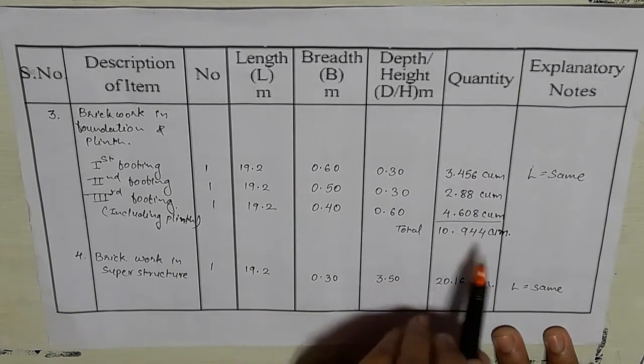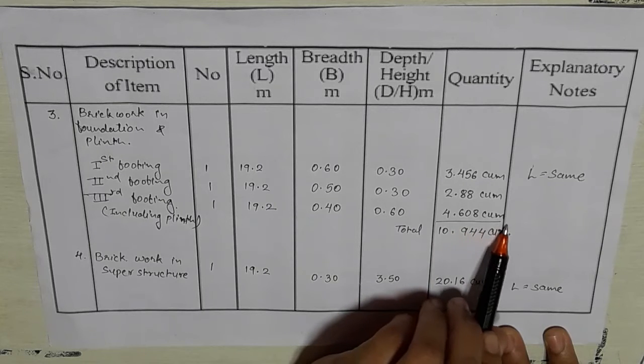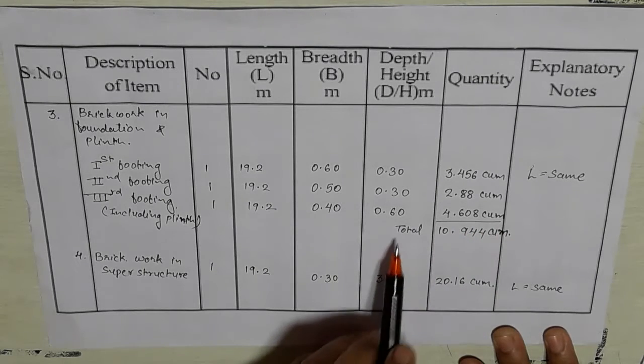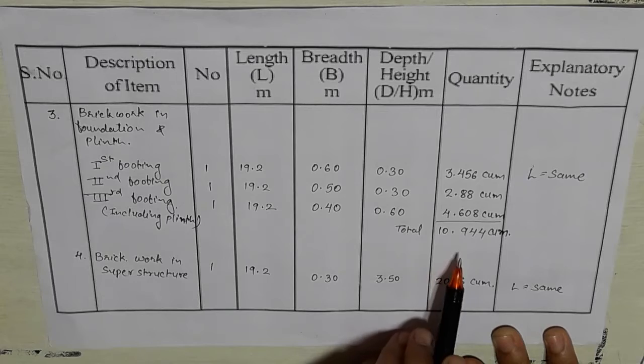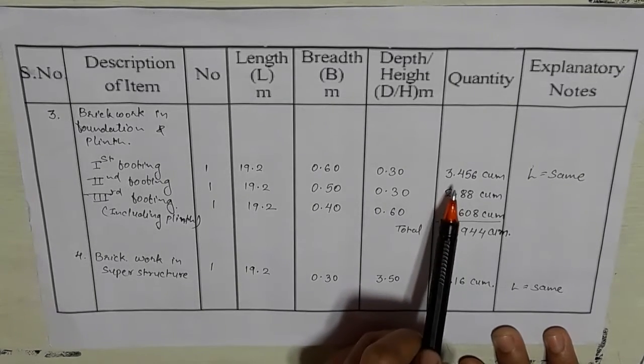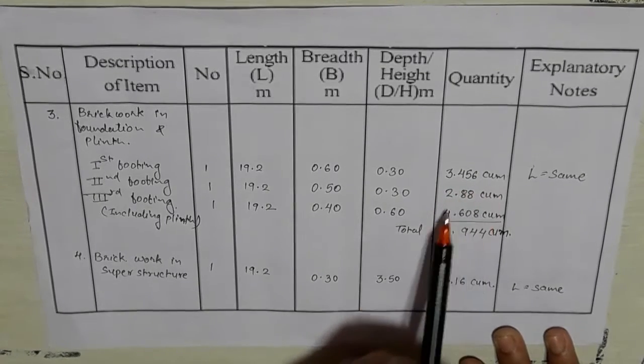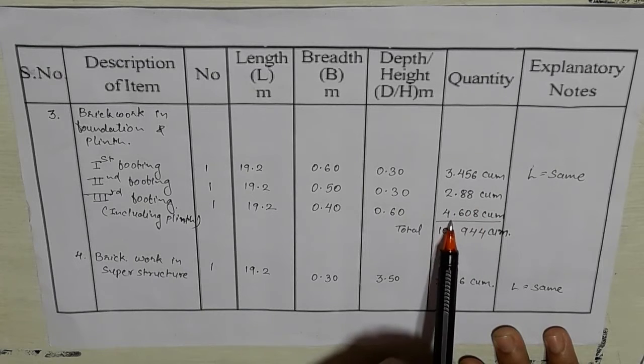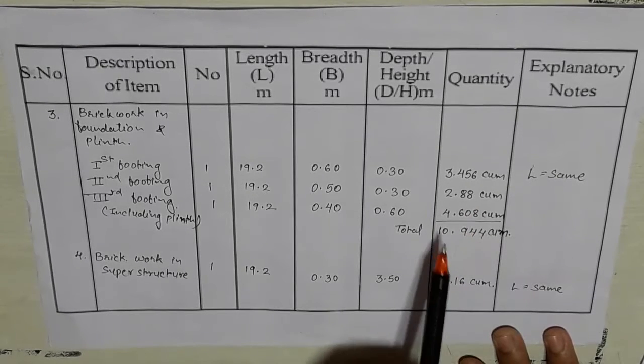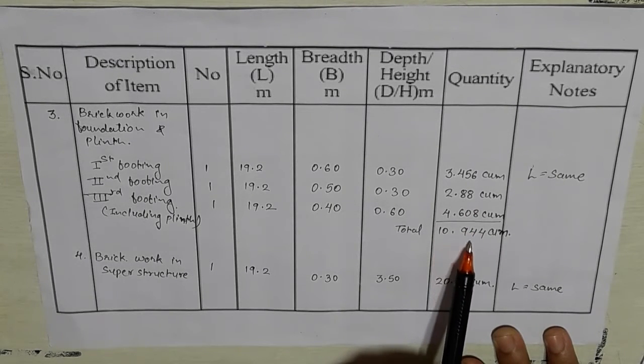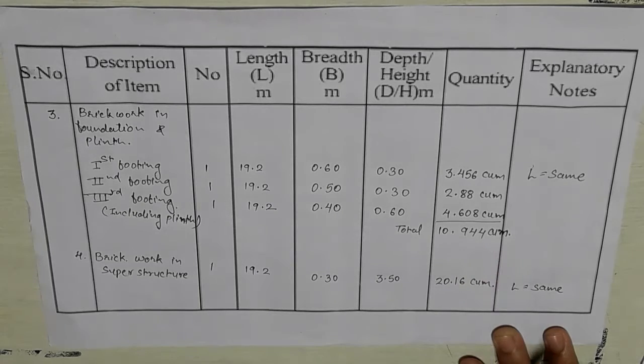So the quantity is 4.608 cubic meter. So the total quantity of the brickwork in the foundation is equal to 3.456 plus 2.88 plus 4.608, that is equal to 10.944 cubic meter.